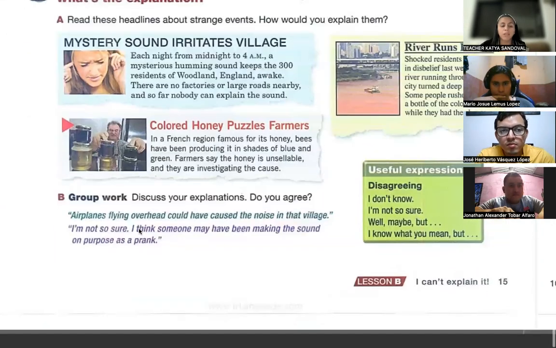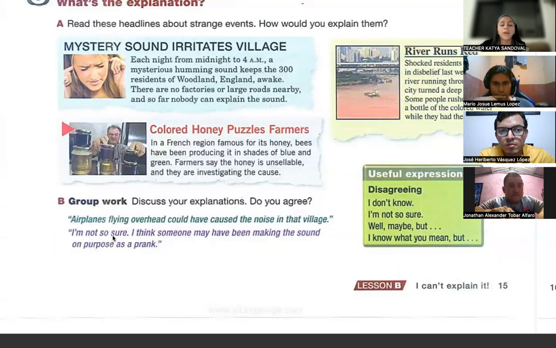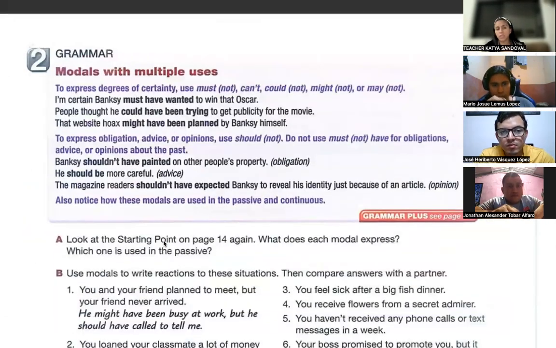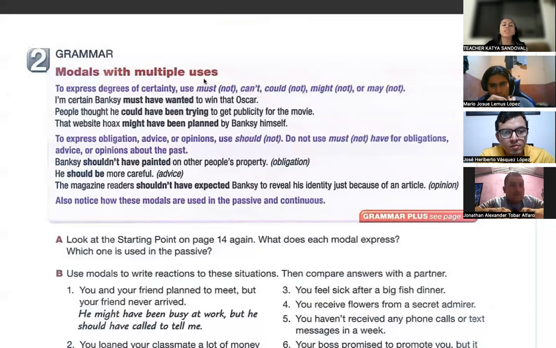All right, so remember, when you give your opinion, you can try to use the modals. For example, here it says, airplanes flying overhead could have caused the noise in that village. So you will have homework for Monday. Could you please look for the meaning of must have wanted, could have been trying, might have been planned, shouldn't have, should be, and shouldn't have expected.